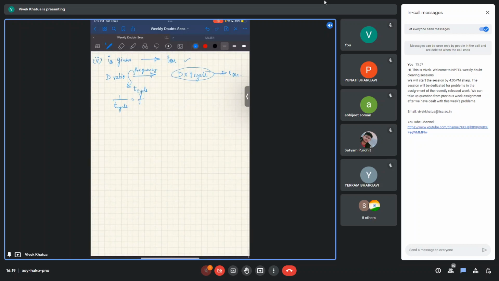Apart from that, there are conceptual questions also, that will be something like this: you are given an H bridge. Let me make the diagram.